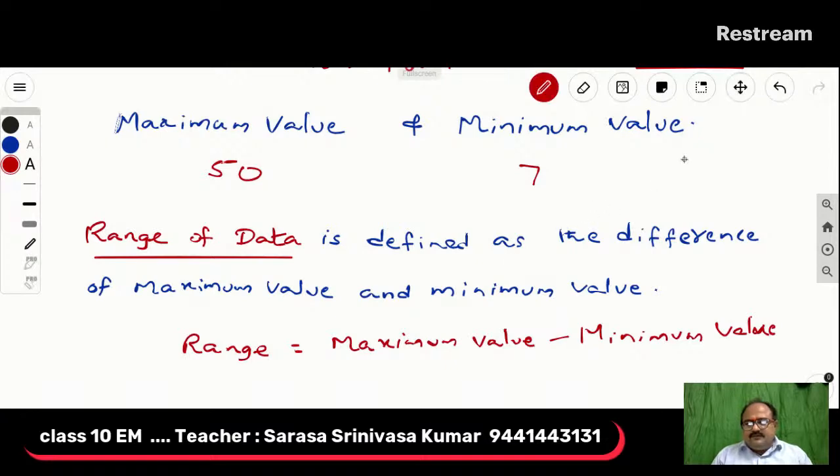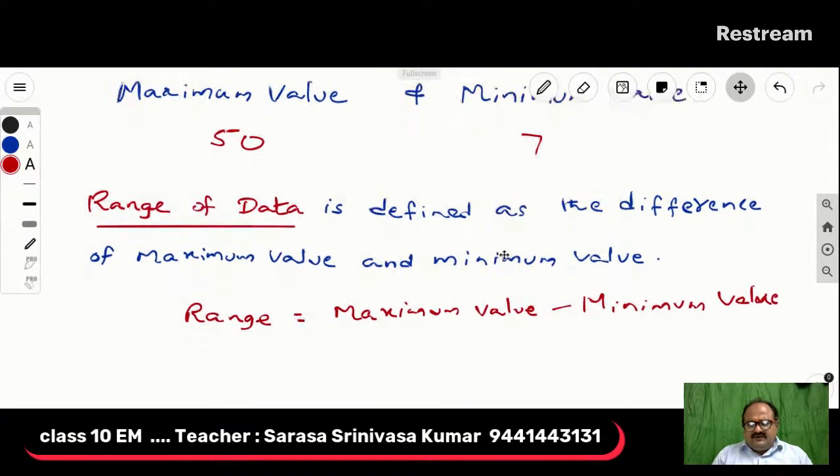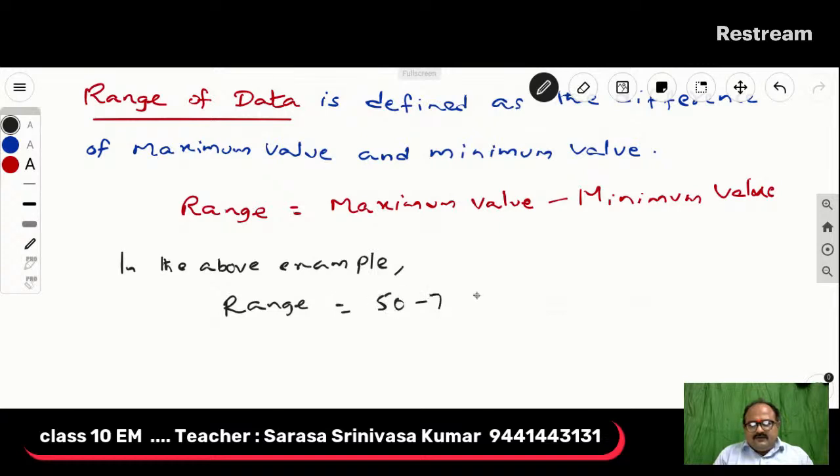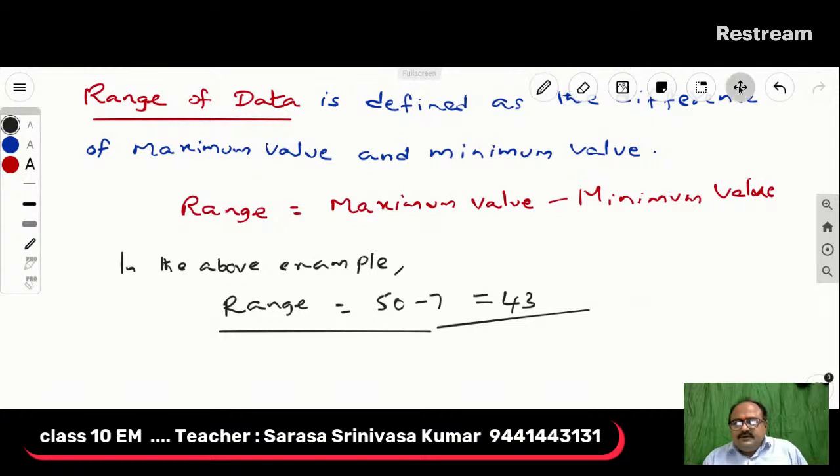So in the above example, range equal to 50 minus 7, that equals 43. So this is how we can understand the definition of range of data.